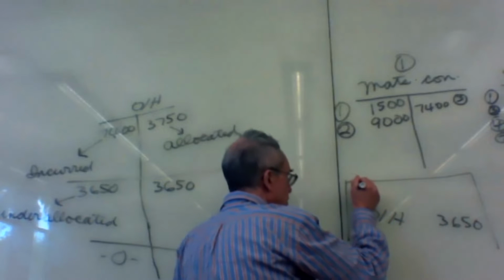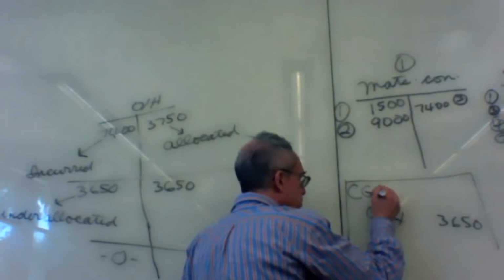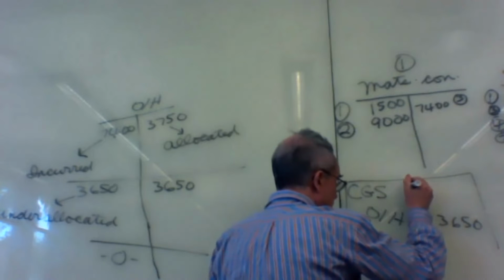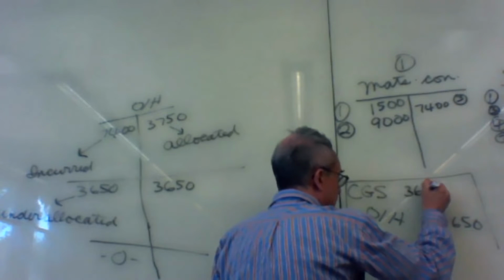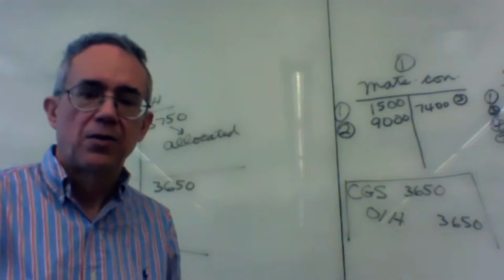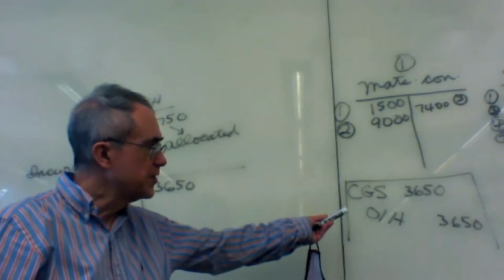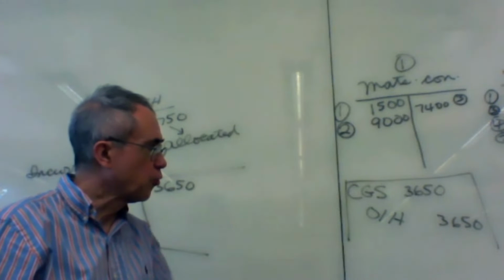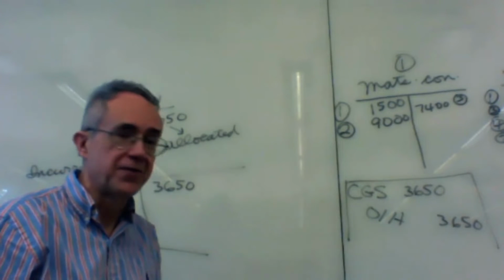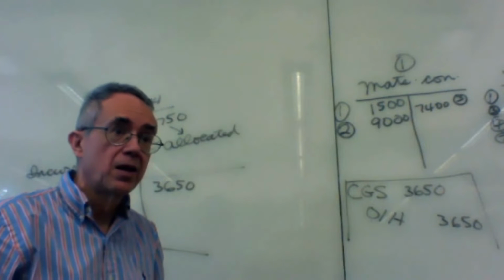Plug it to cost of goods sold, in other words. Plug just means whatever figure you need to write off, do so. So the closing entry, as you have in your notes: debit cost of goods sold by 3,650 and credit overhead by 3,650. That's going to be increasing cost of goods sold.